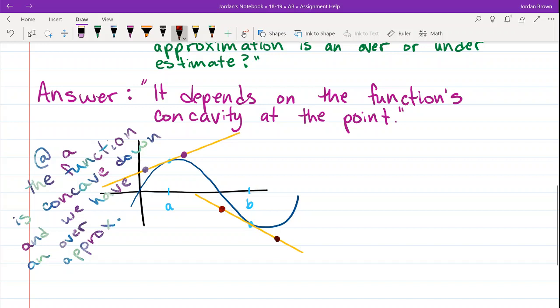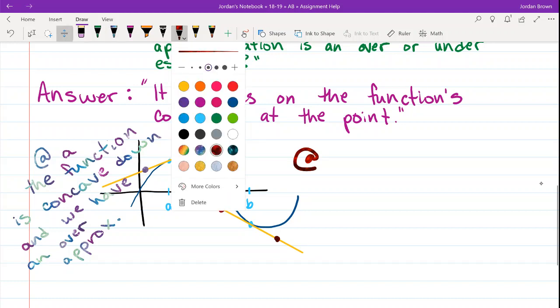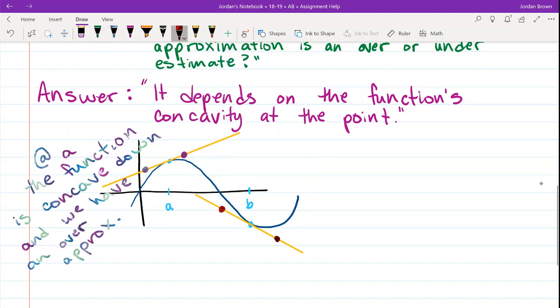So we say that, again, I'm going to need to make this smaller. At B, the function is concave up, and we have an under approximation.